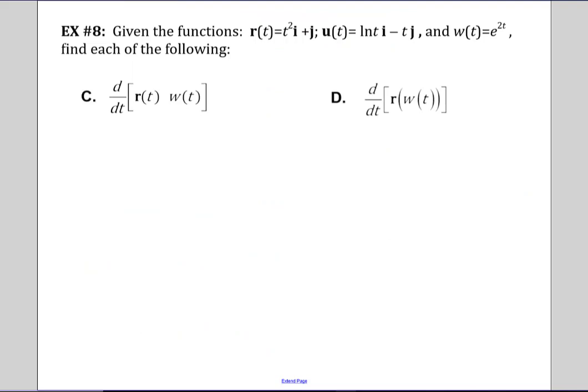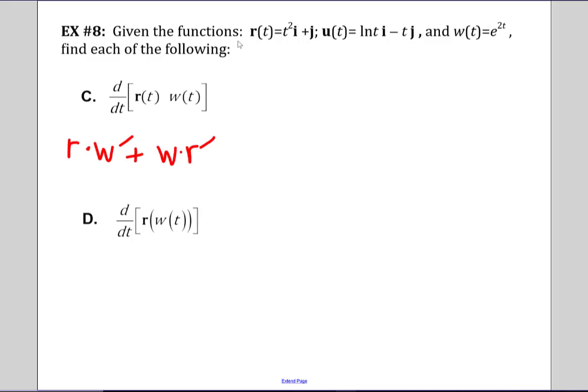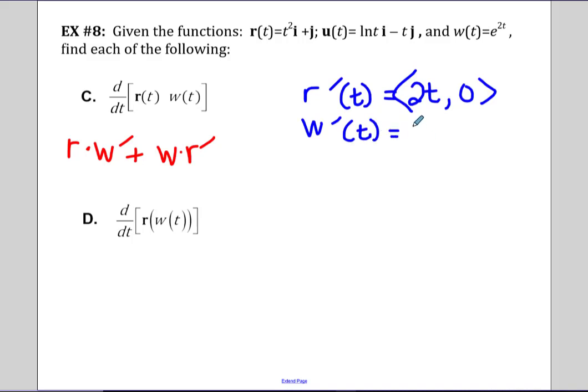In part C, same thing, just different. We've got the derivative of r times w prime plus w dotted with r prime. And our r prime is 2t and 0, and our w prime is 2e to the 2t.